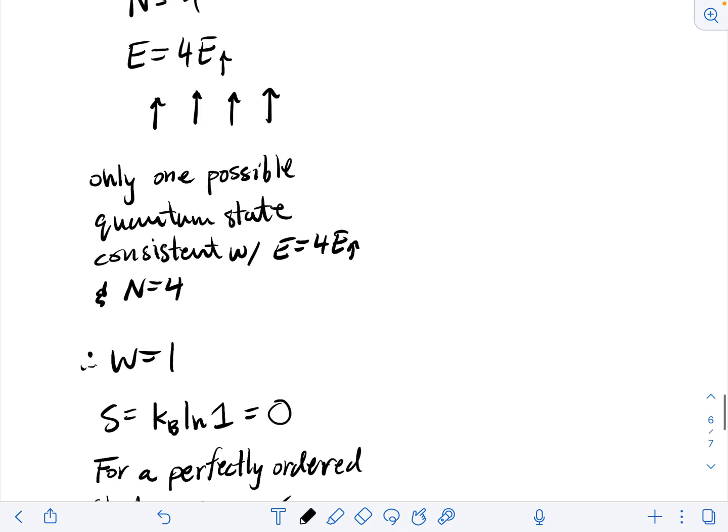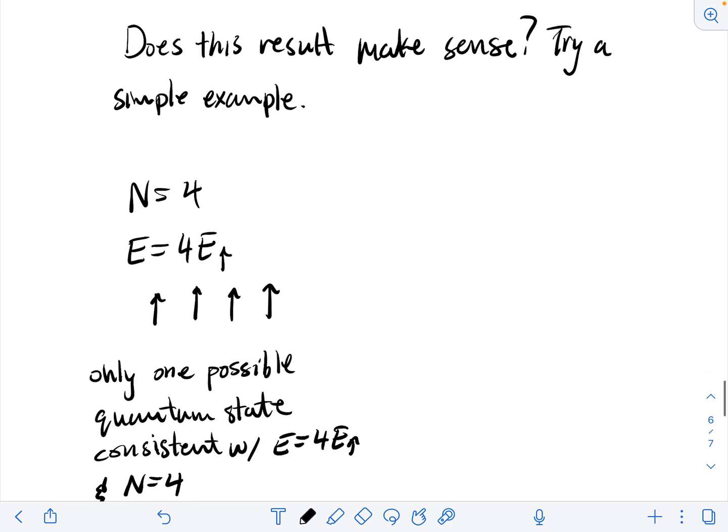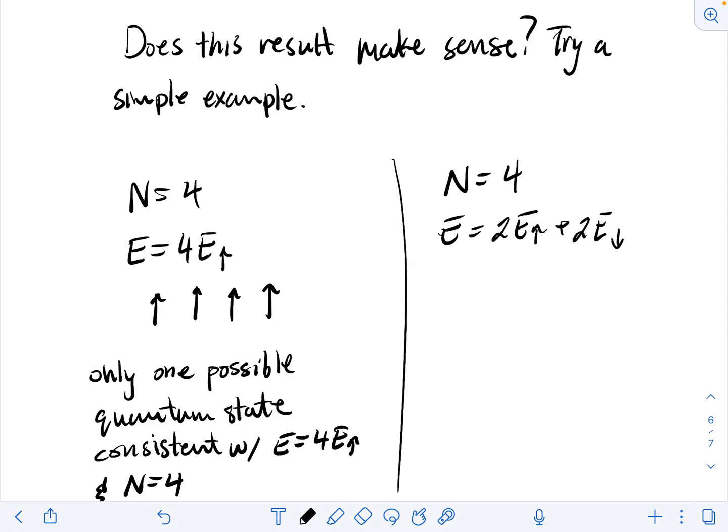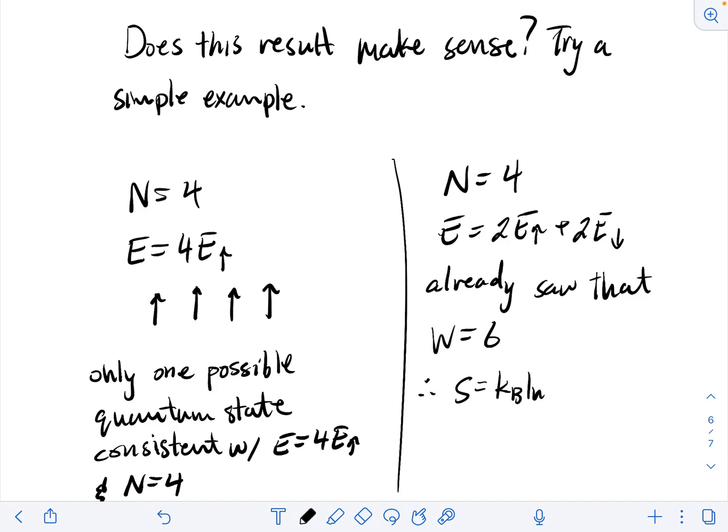Okay, so let's try a different example. N equals 4 and E is equal to 2 spin up plus 2 spin down energies. All right, so we already looked at this case. We already saw that there were 6 microstates, and so therefore entropy is KB ln of W, or ln of 6.